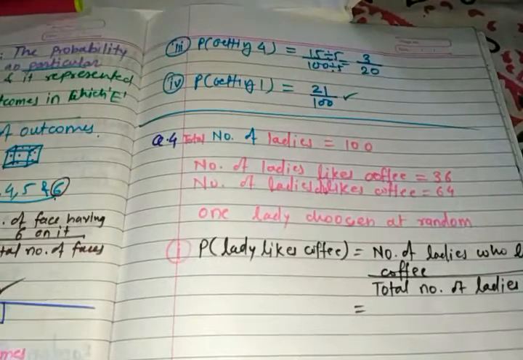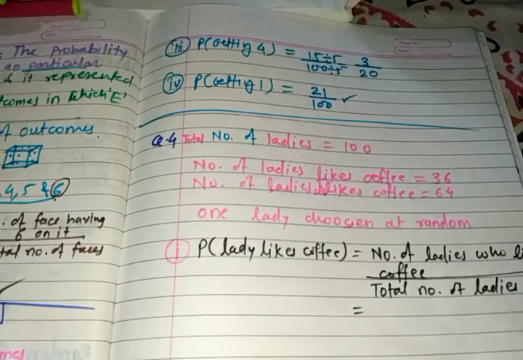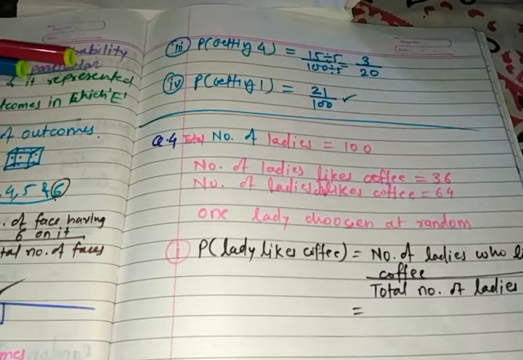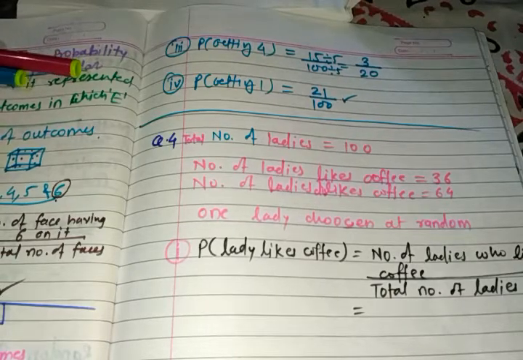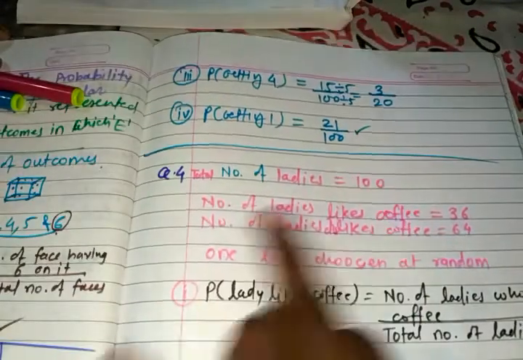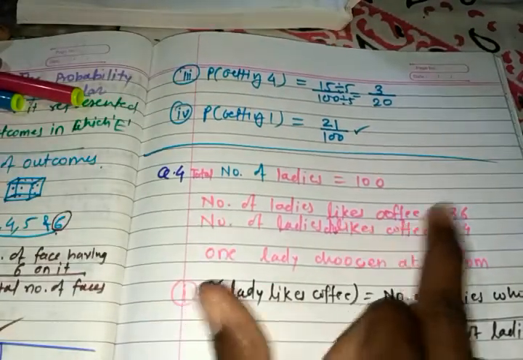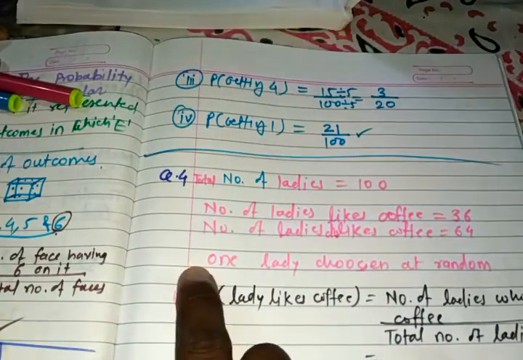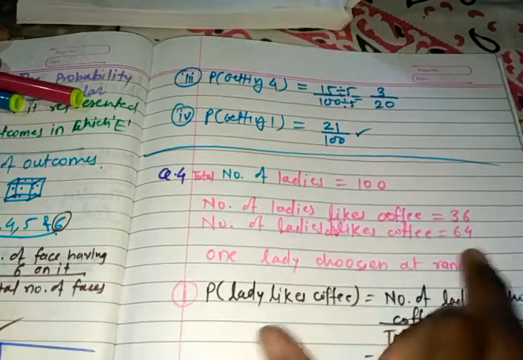Now question number 4. In that question a survey is going on with 100 ladies, right? It was found that out of 100 ladies, the number of ladies who like coffee is 36. So how many ladies are left who dislike coffee?